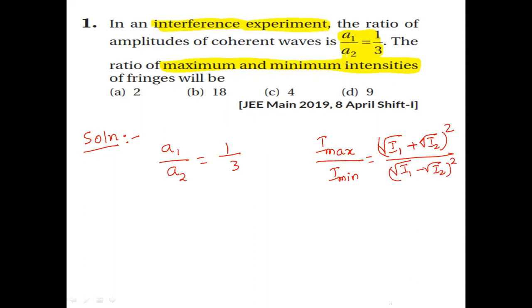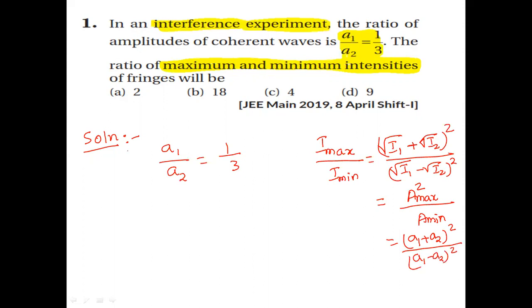Actually, this is the formula. Or else I can write it as maximum amplitude square by minimum amplitude square, that is A1 plus A2 whole square upon A1 minus A2 whole square.